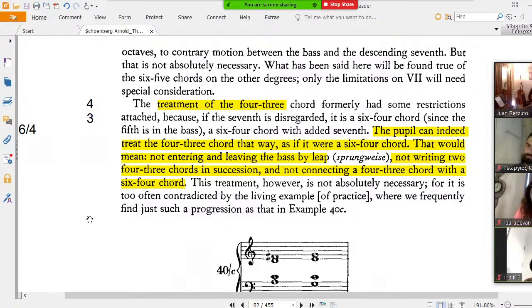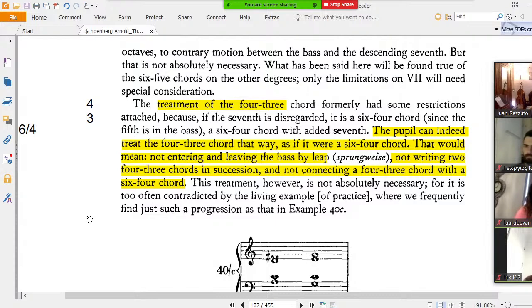And also, don't leap with the bass, not entering and leaving the bass by leap.